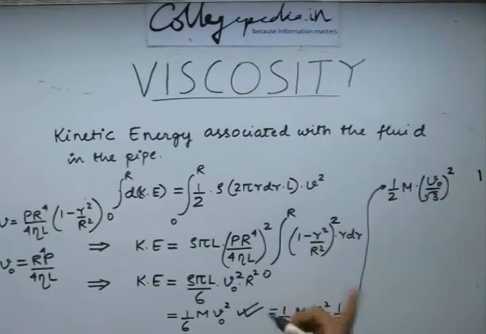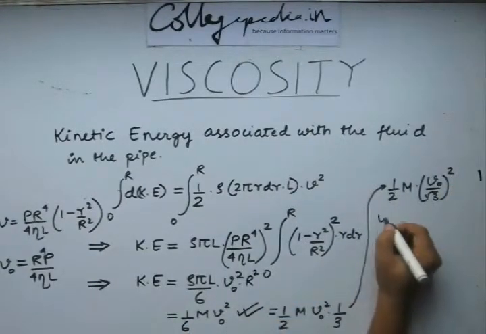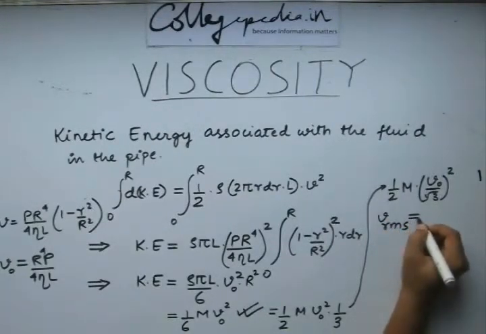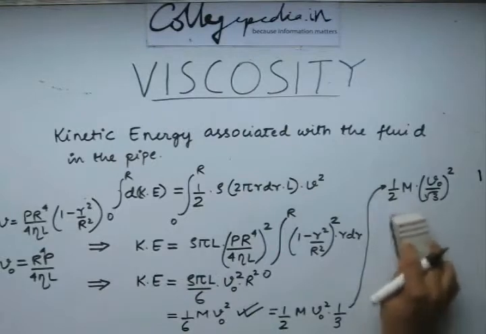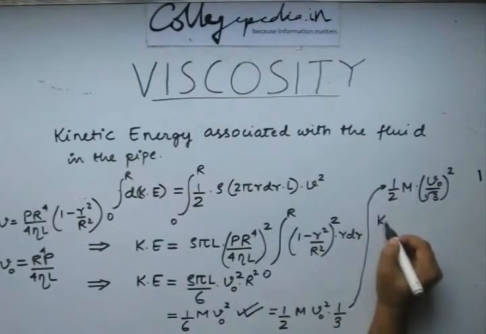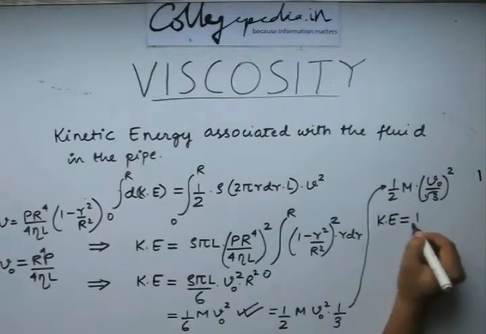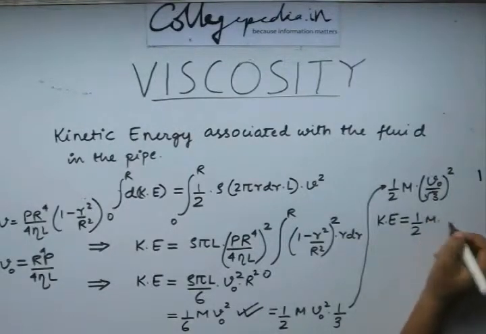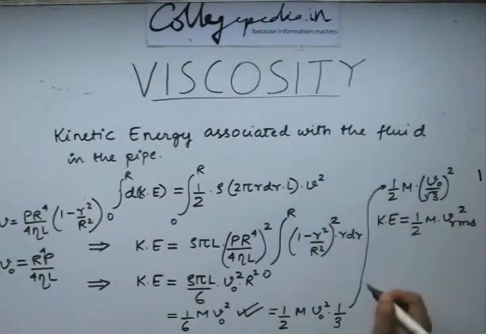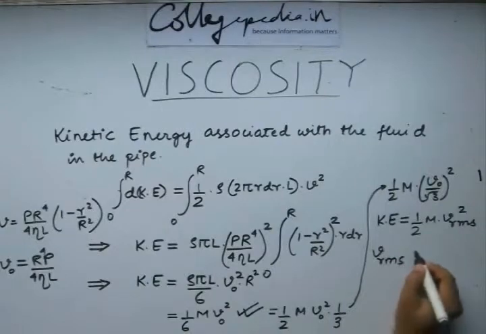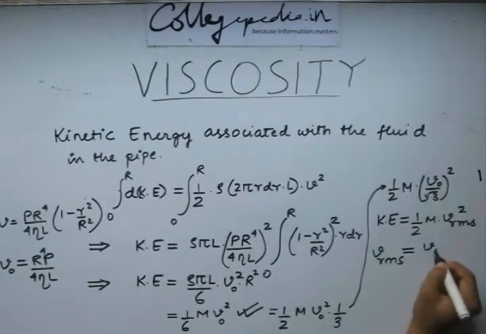We also know from kinetic theory of gases that the kinetic energy of any substance or molecule is given by half into m into the Vrms square. So this quantity becomes the Vrms. RMS represents the root mean square velocity.